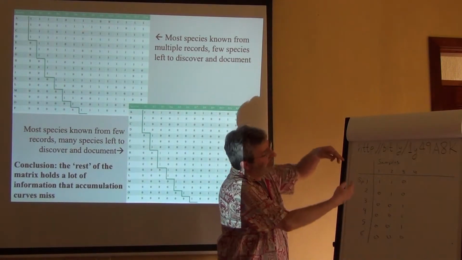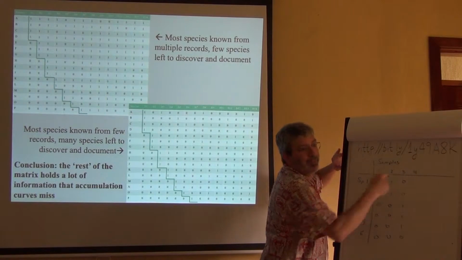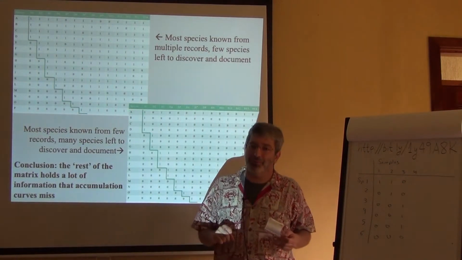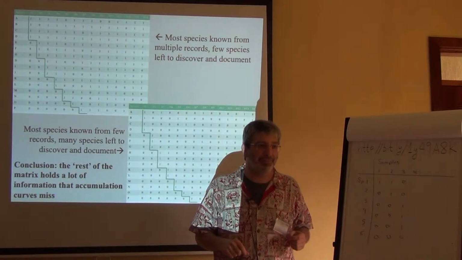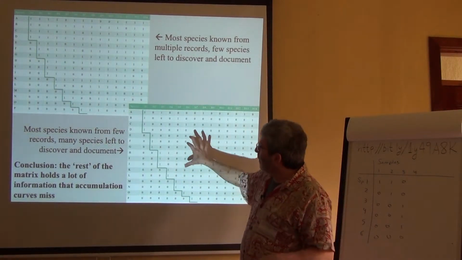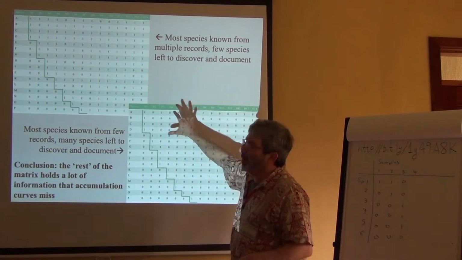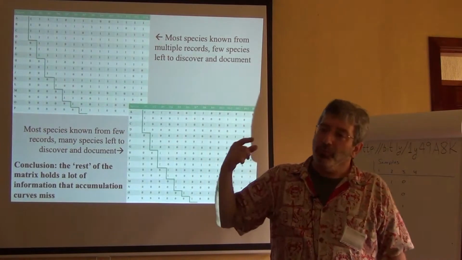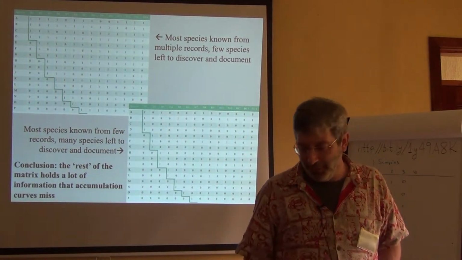So samples would be by sonnet and species would be combinations of letters, words. Okay? So all I'm after is that there are certainly properties of these matrices that should give us more information than just the left edge.